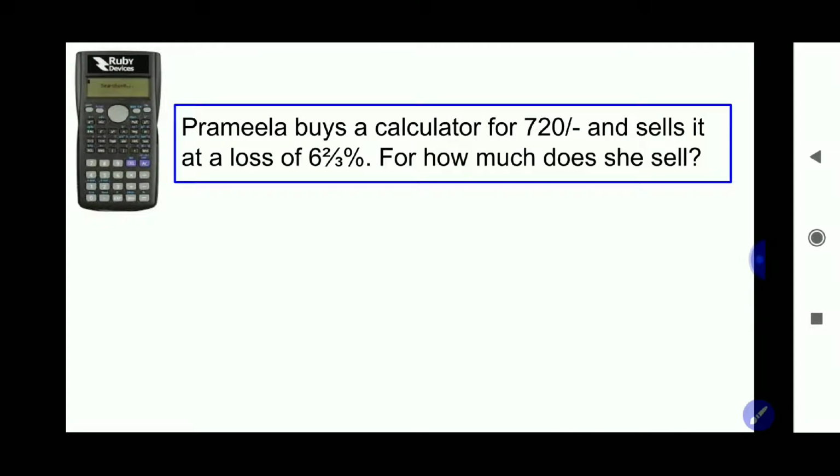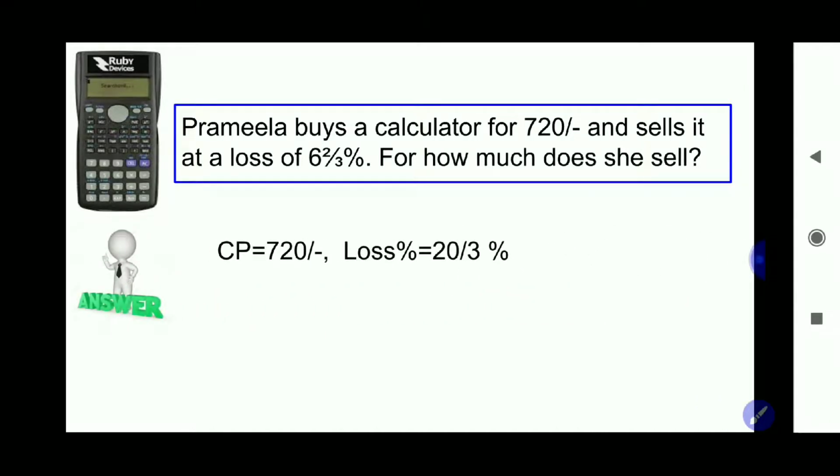One more question. Pramila buys a calculator for 720 rupees and sells it at a loss of 6 and 2 by 3%. For how much does she sell?